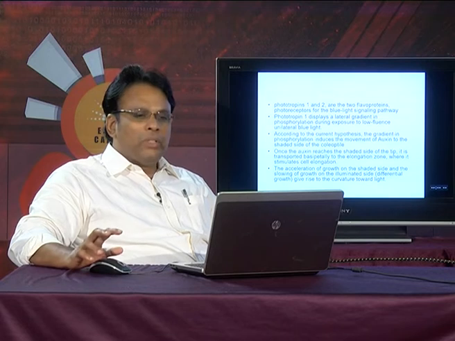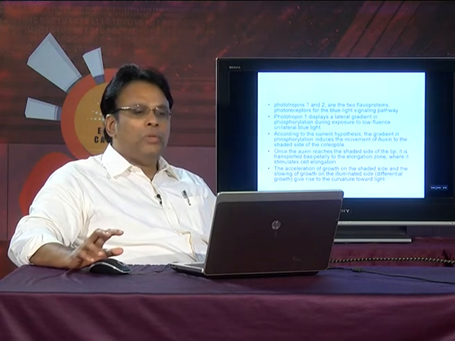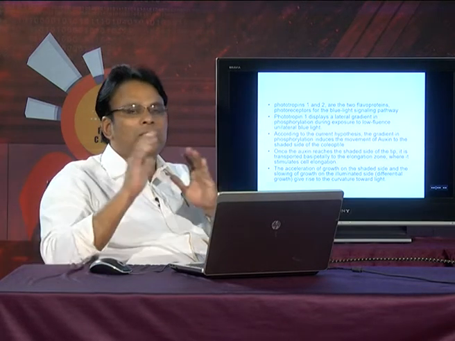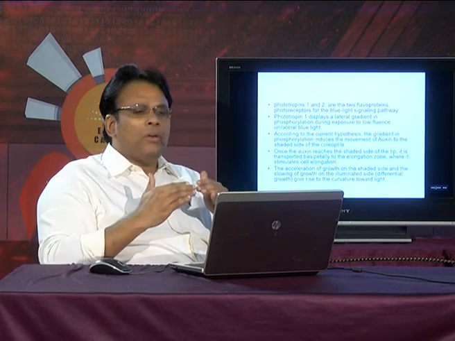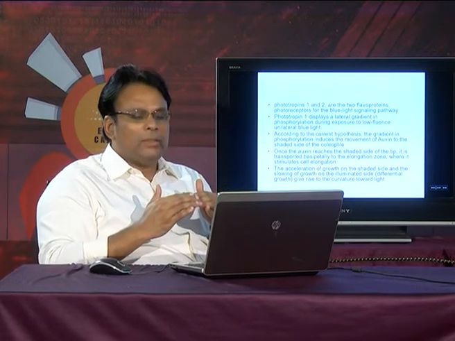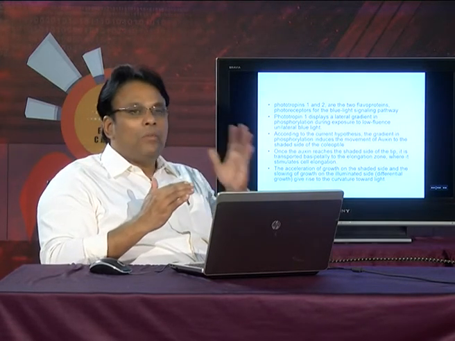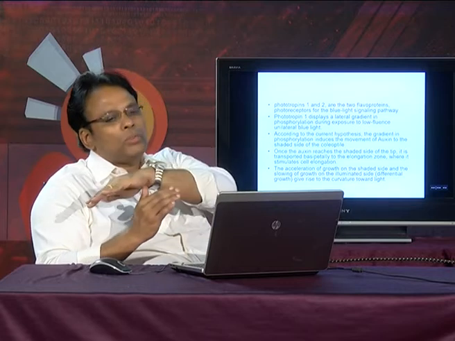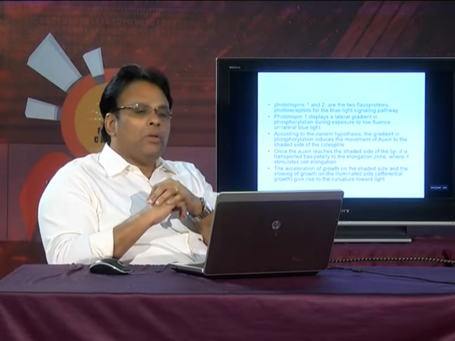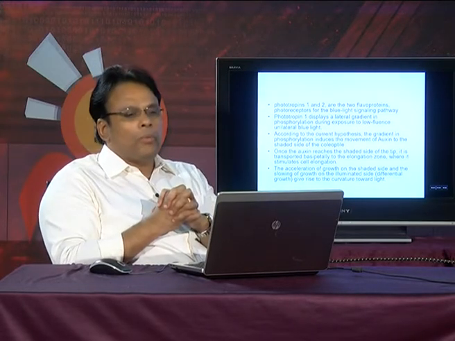According to the current hypothesis, the gradient in phosphorylation induces the movement of auxin to the shaded side. So the gradient of phosphorylation of the phototropins ensures that auxin moves towards the opposite, shaded side of the coleoptile.